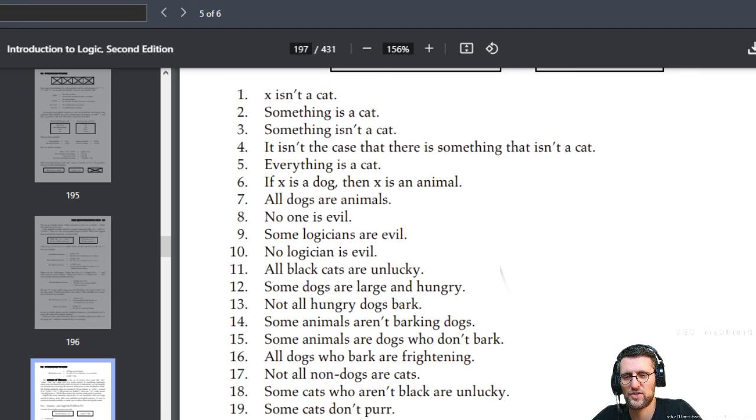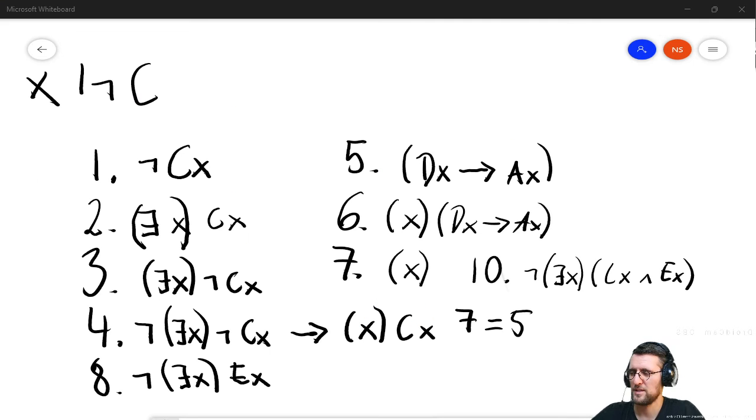Some logicians are evil. Some, how can we translate some? It means we could translate that in not all logicians are good. That's how we can translate that. We can also say that there exists at least one logician, so that that logician is evil.